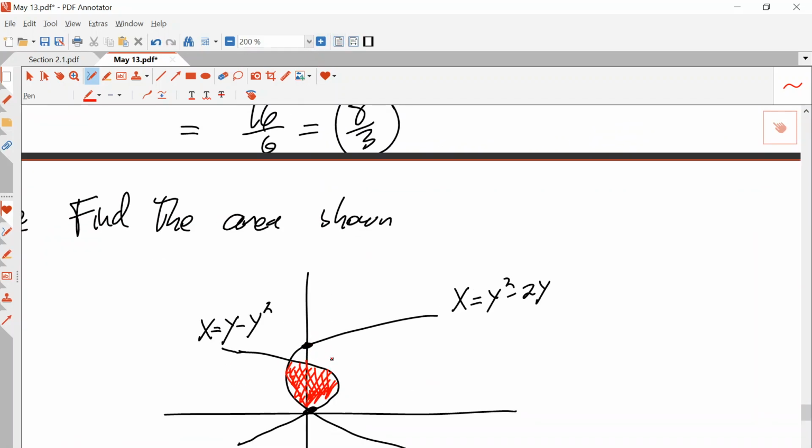Okay. So first of all, notice we have functions x in terms of a function of y. So this time the area, so the area is always top curve minus bottom curve, but if you think of it as greater curve minus the lesser curve, which curve has greater numerical value and which curve has lesser numerical value.